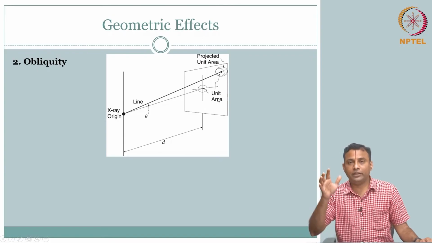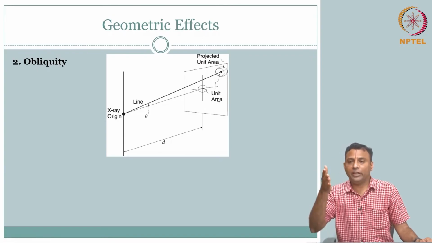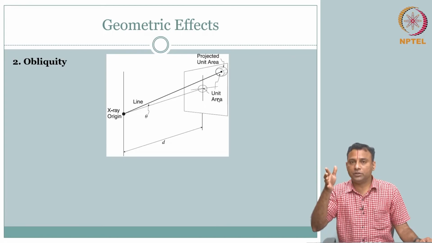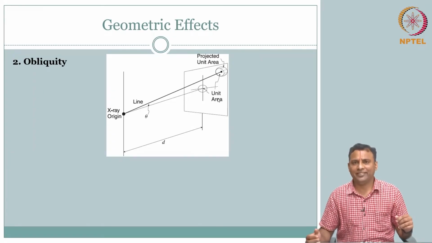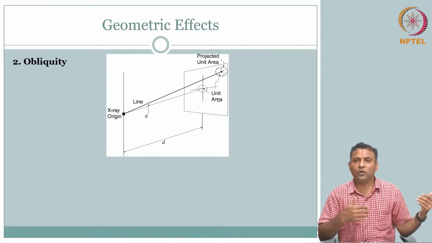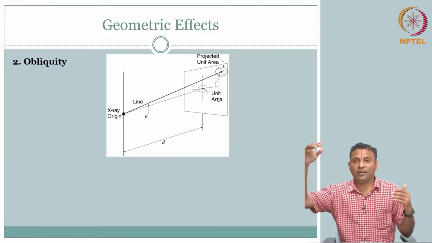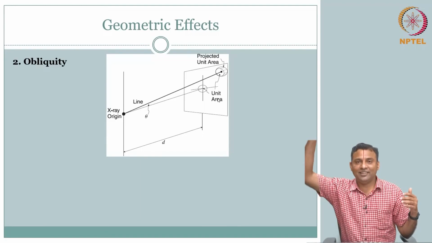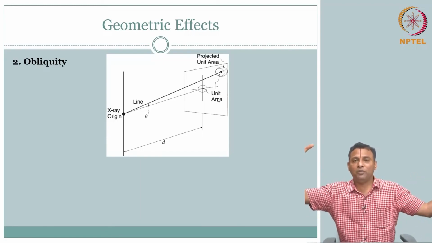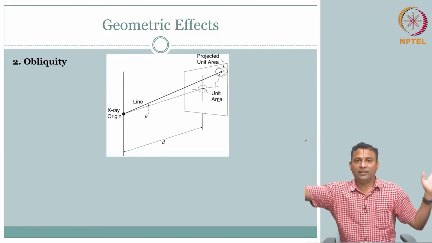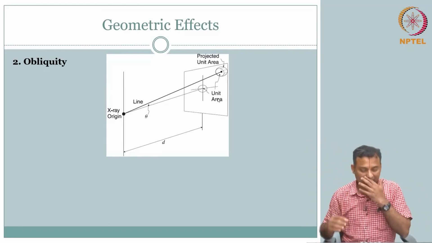When it is perfectly perpendicular, no issues, whereas if it has an angle, it is like your shadows: your shadow will grow tall or short depending on where the sun is. It is a similar thing.